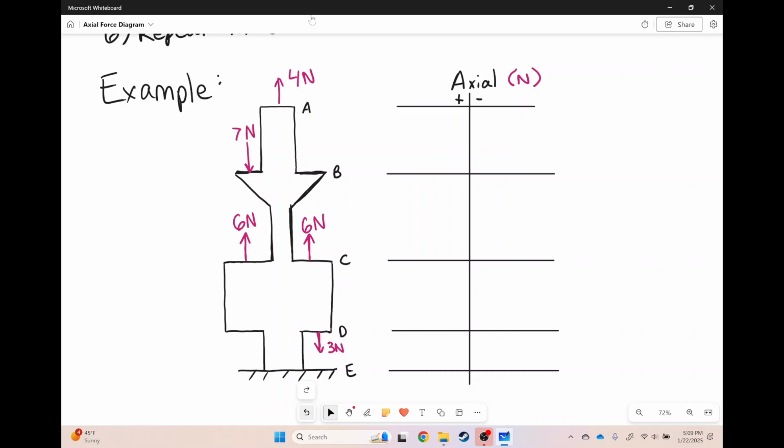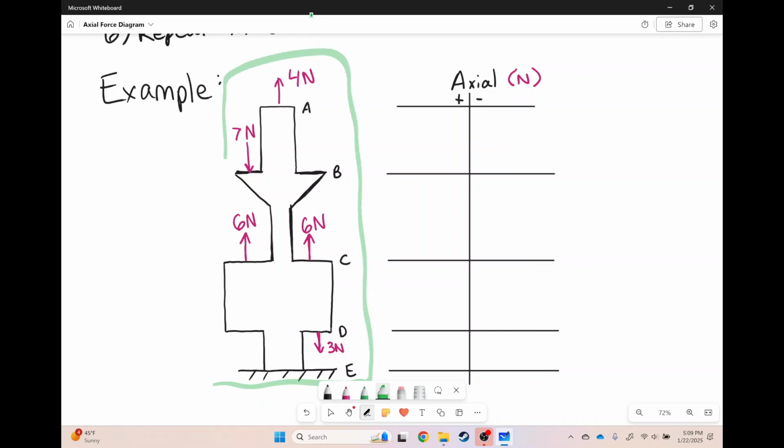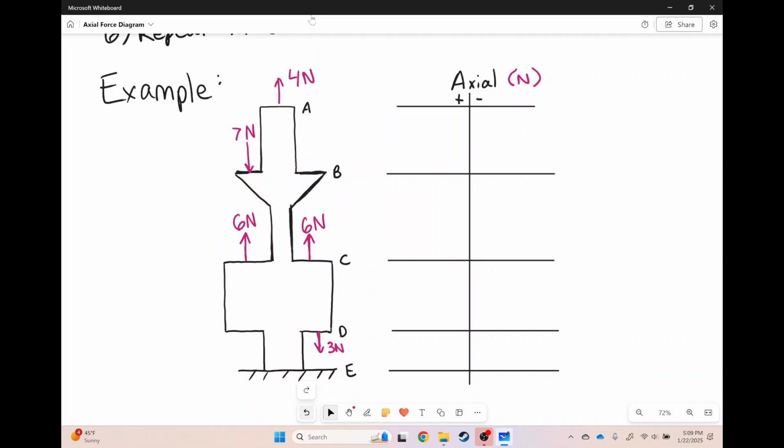And to do that, we have to solve this problem that you see on the side. Now you might think, ooh, what a hard problem. It's got weird shapes and stuff. And I'm here to tell you that it doesn't matter. Yes, it doesn't matter. So we have this goofy shaped thing. And again, all we're caring about is the normal force. That's axial.